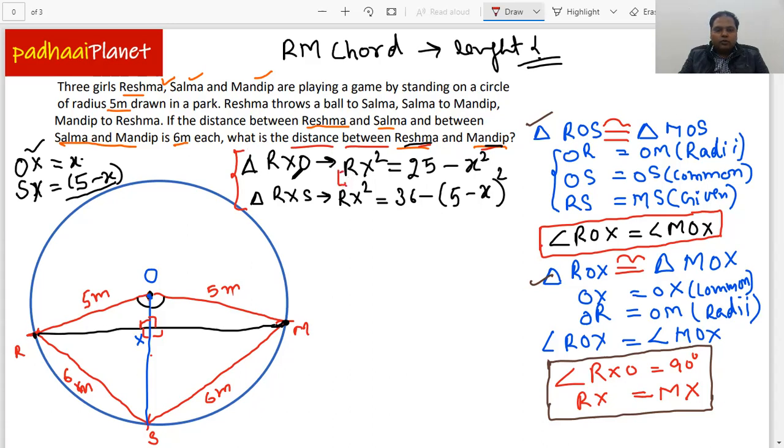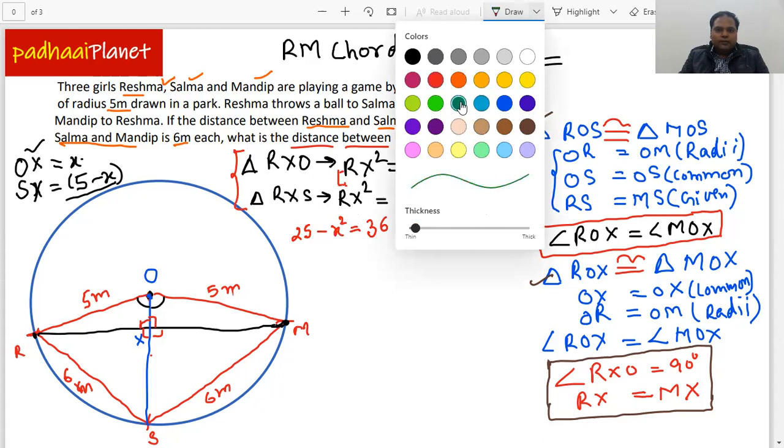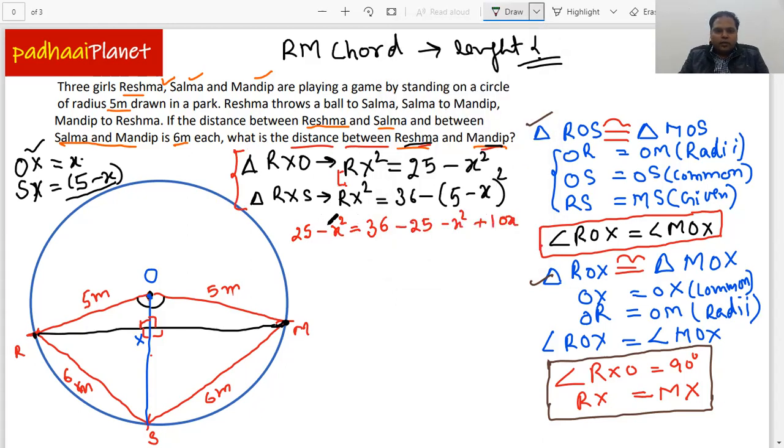So we can simply say that 25 minus x square is equal to 36, and we will also expand this here, so that is minus 25 minus x square plus 10x. Okay, now we will simplify it a bit, so this gets cancelled with this.